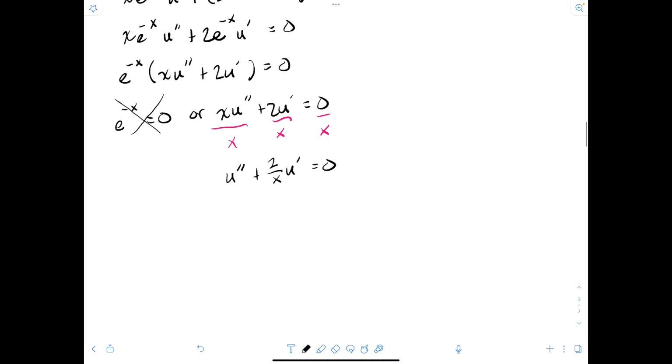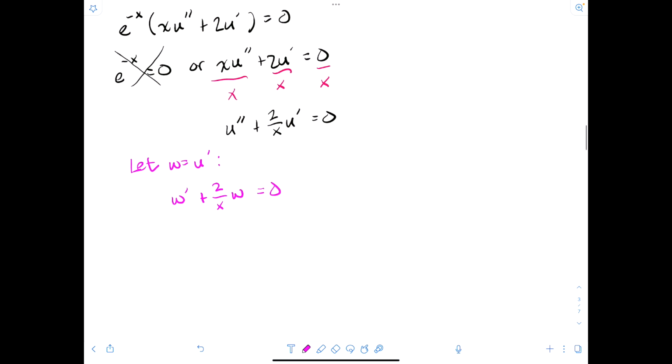Good so far? Now we do a substitution here. We let w equal u prime. That'll give us w prime plus 2 over x times w is equal to 0. Now this is linear in form, right?